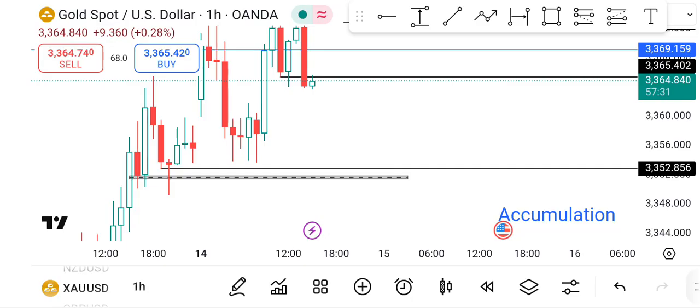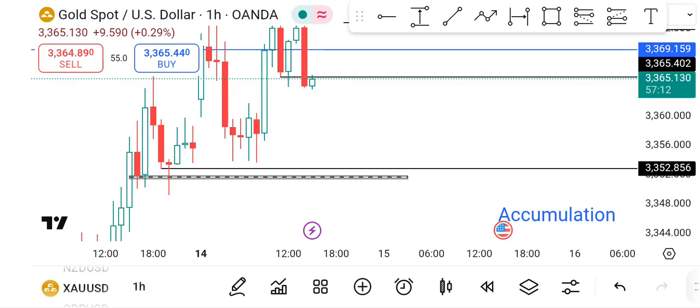So guys, a quick recap. When identifying a CRT, you must consider the time frames for entries and the time when the CRT occurs.